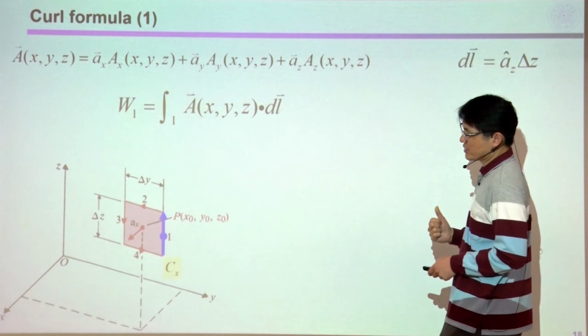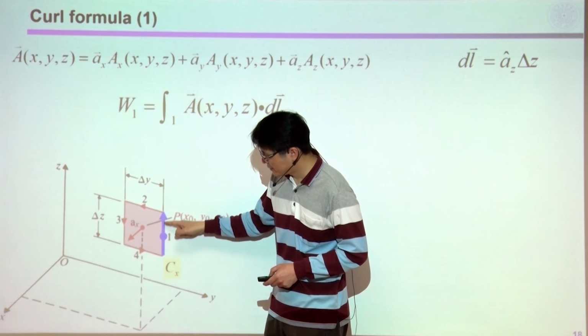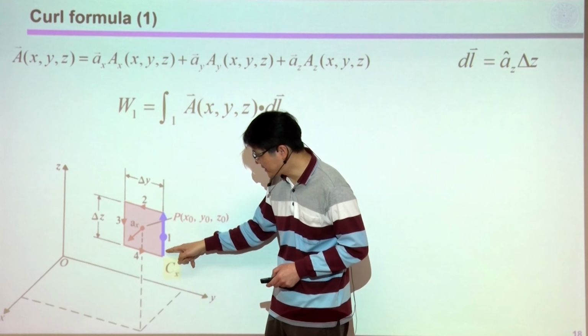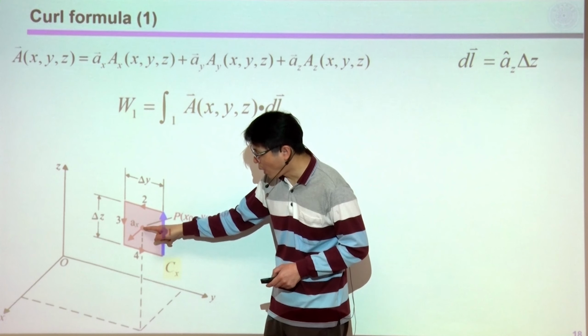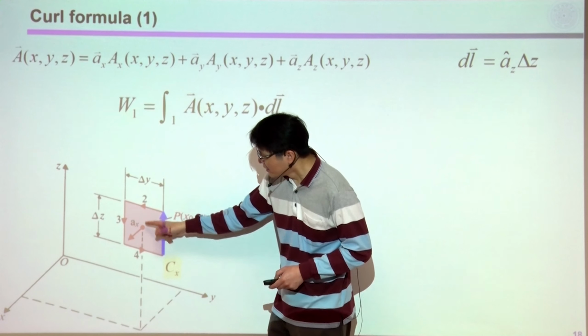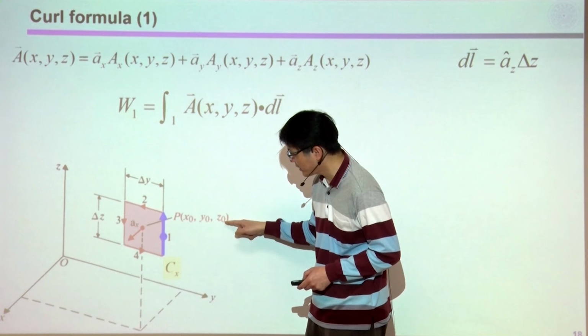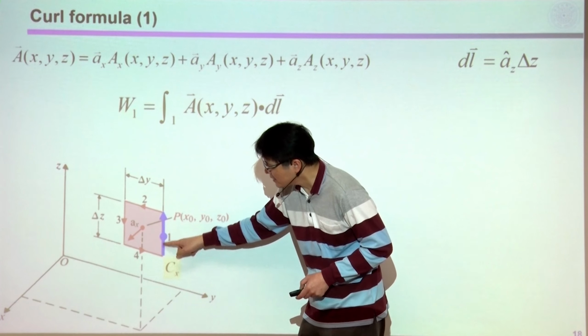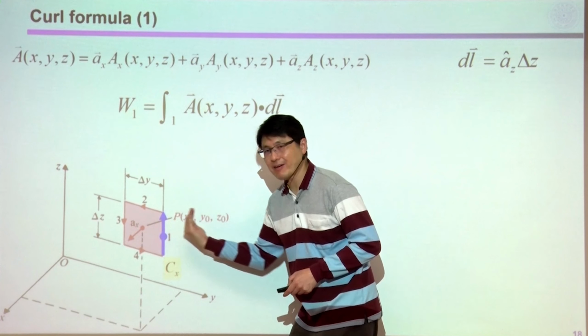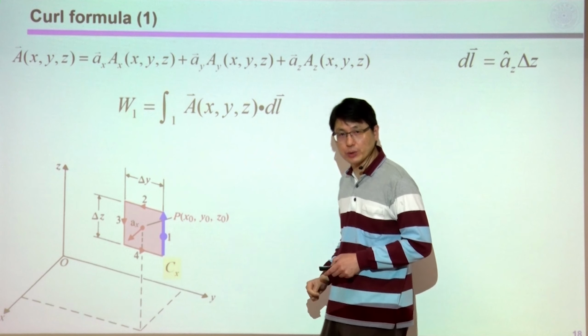But the question is, this segment has its y position having an offset. The entire surface is centered at x0, y0, and z0, but this first segment is having an offset in the y direction by delta y divided by 2.